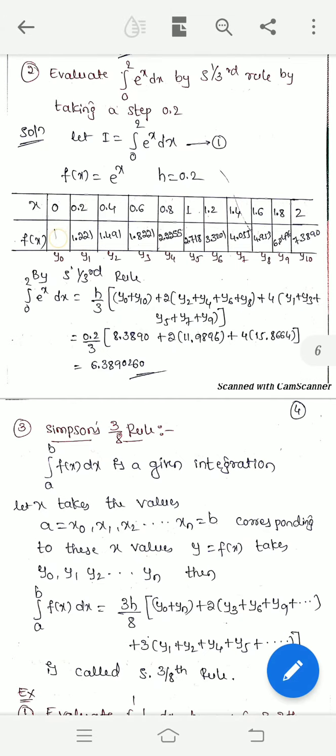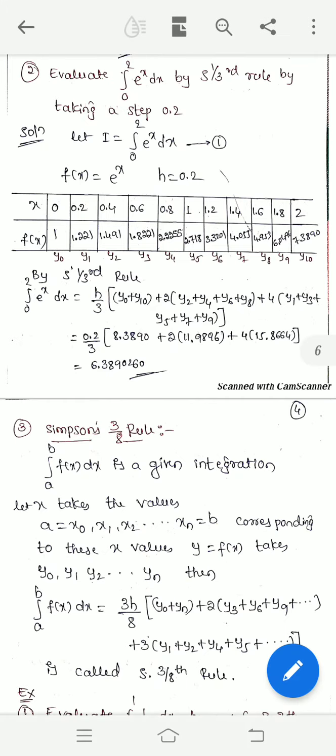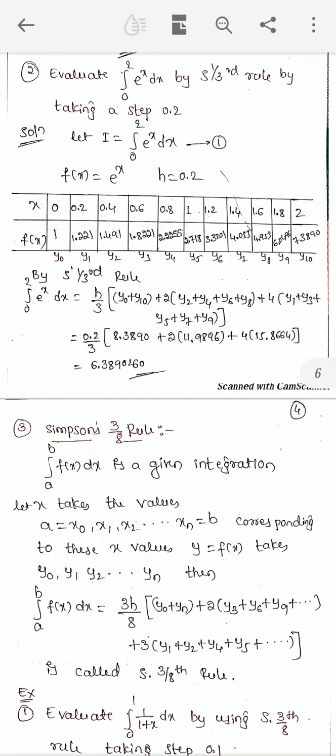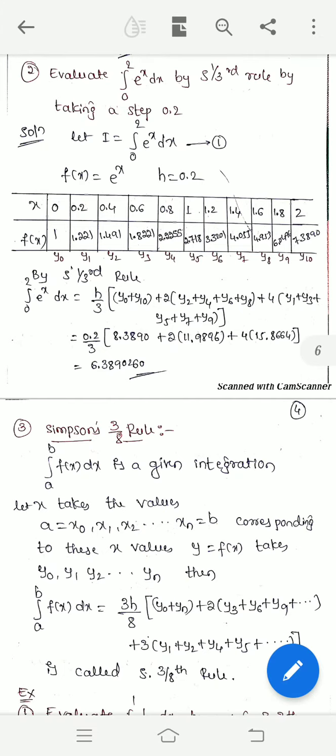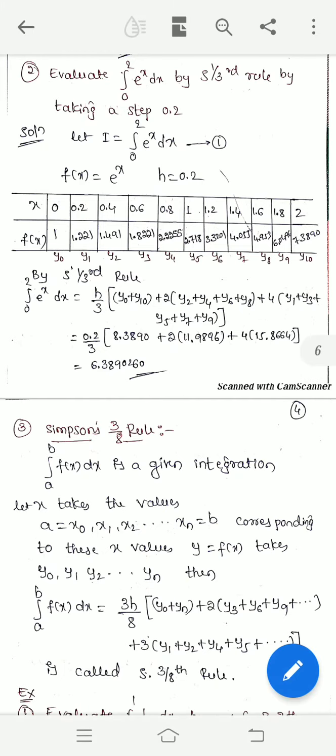E power 0 is 1, e power 0.2 is 1.221, e power 0.4 is 1.491, and similarly we evaluate all these values up to x value 2, where y is 7.3890. These values are y0, y1, y2, y3, y4, and so on up to y10.